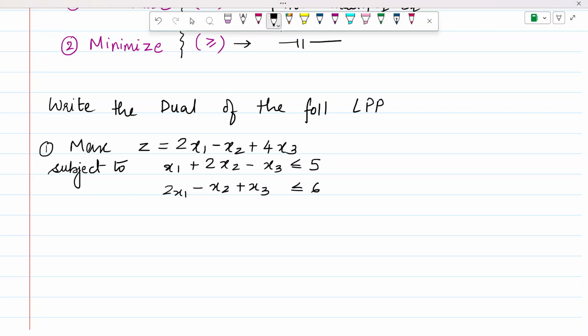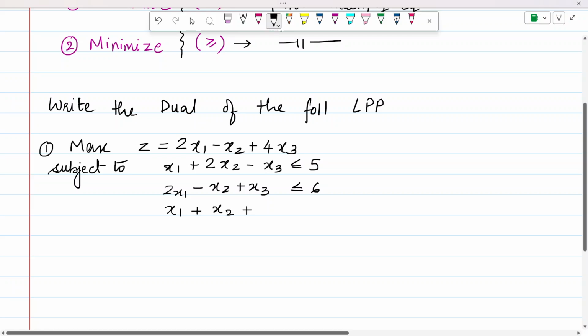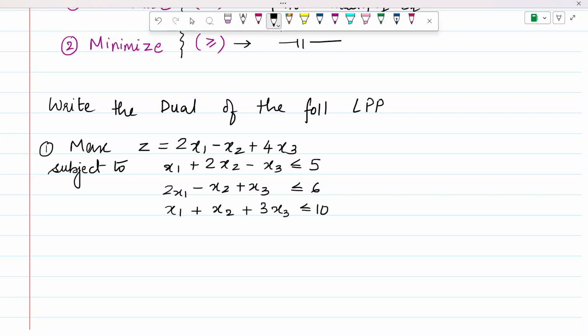Then we have x1 plus x2 plus 3x3 less than or equal to 10. And lastly, we have 4x1 plus x3 less than or equal to 12. And we have x1, x2, x3 all greater than or equal to 0. So this is your question. The question is to find the dual of this particular LPP.